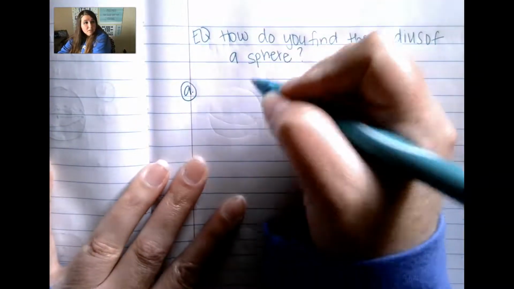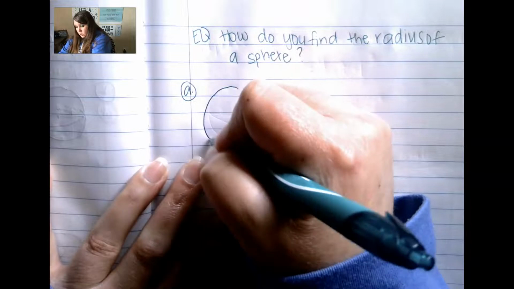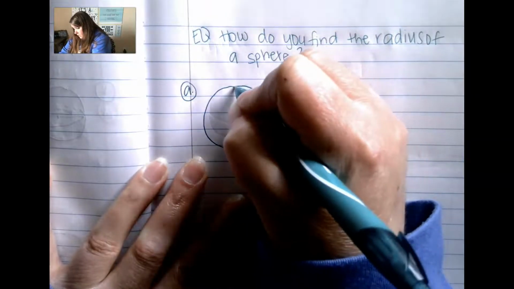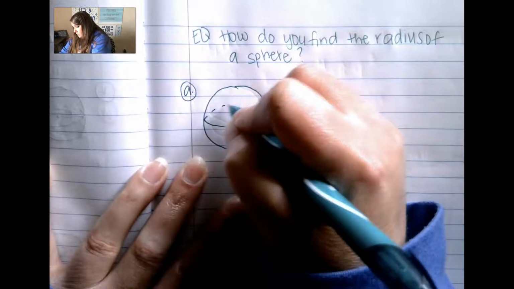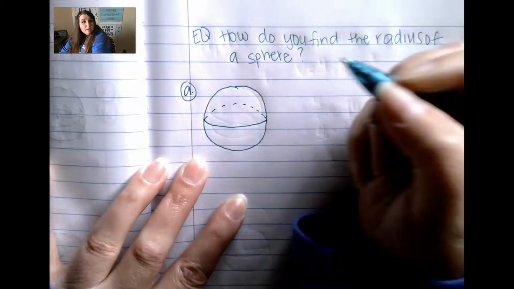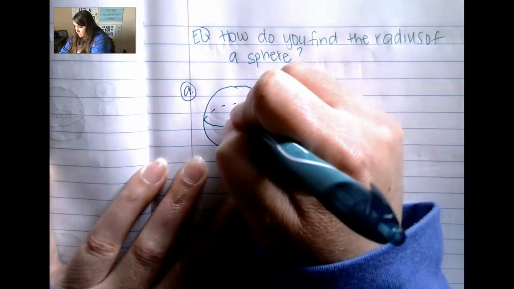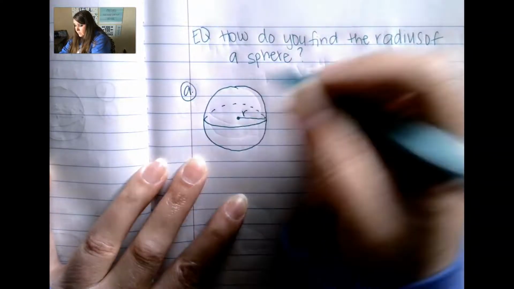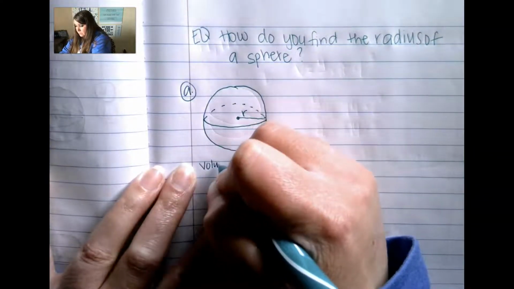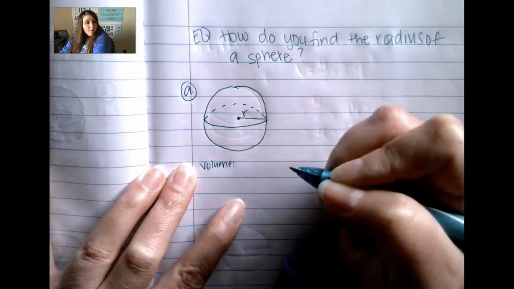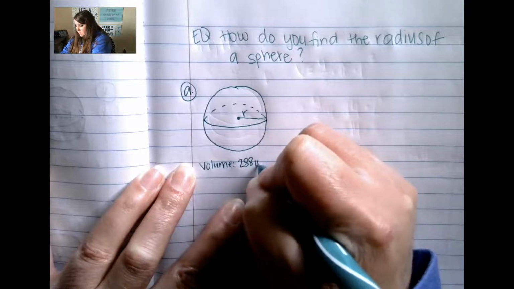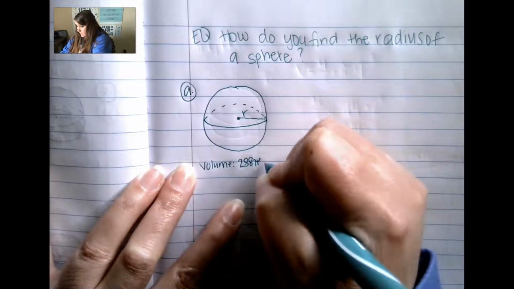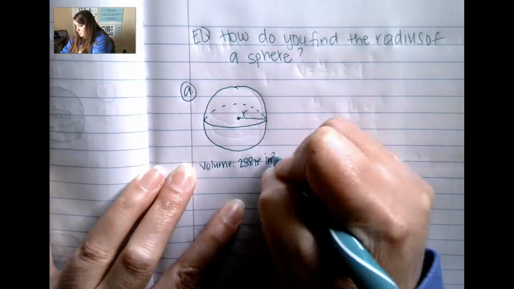And the sphere, again, we don't know the radius, so that's our job, is to find the radius. It's our three-dimensional model here. Radius is unknown, but the volume, they say that the volume is 288 times pi inches cubed.